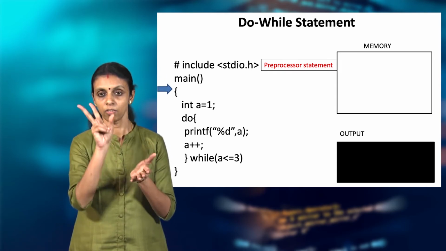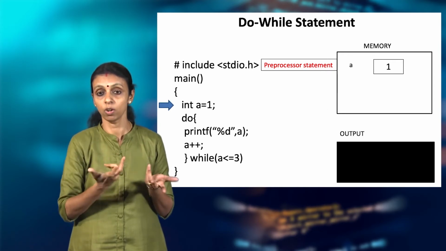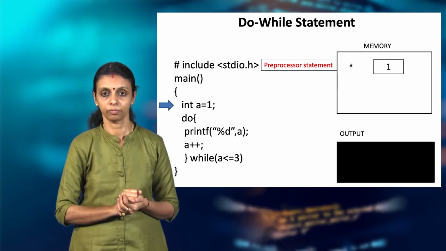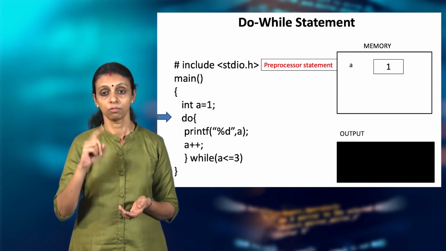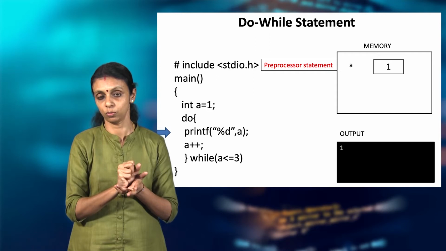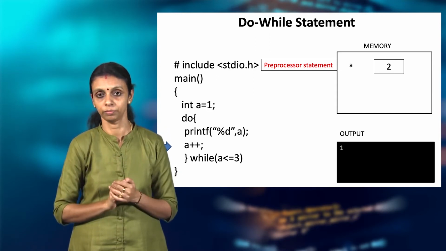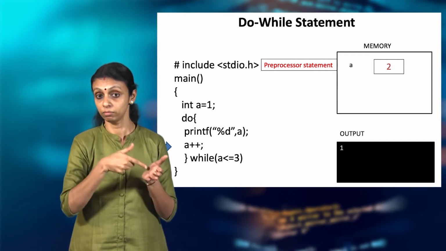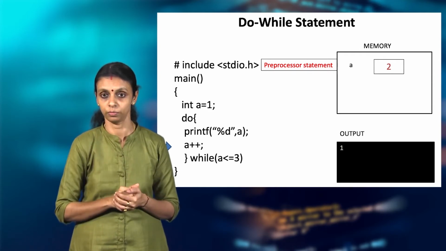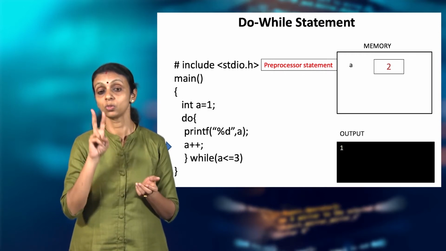A is a variable of type int and stores 1 in it. Here first it prints value in A, then increments the value of A, that is A is equal to 1 plus 1, that is 2. Value stored in A is 2 now.